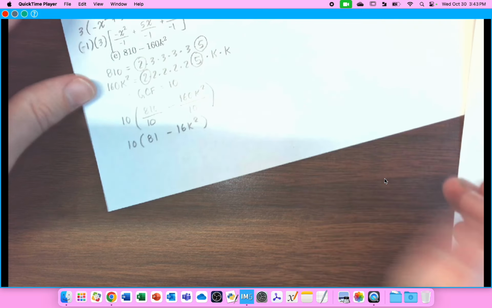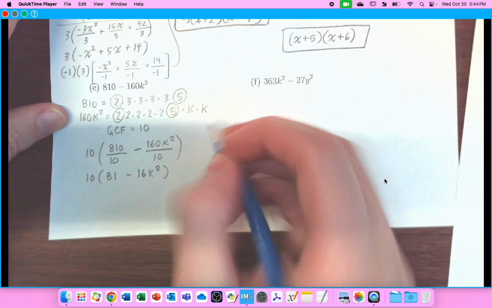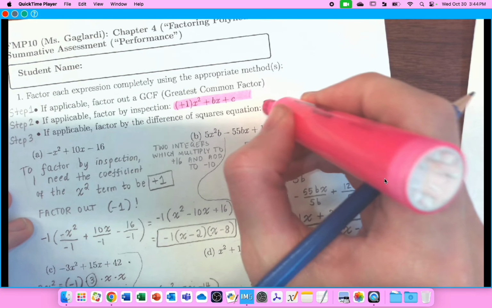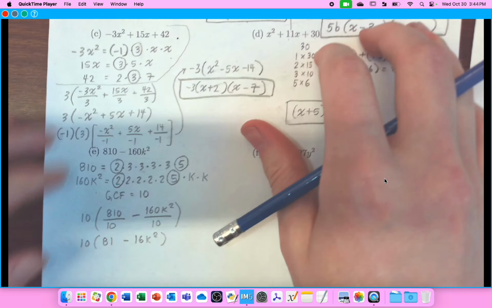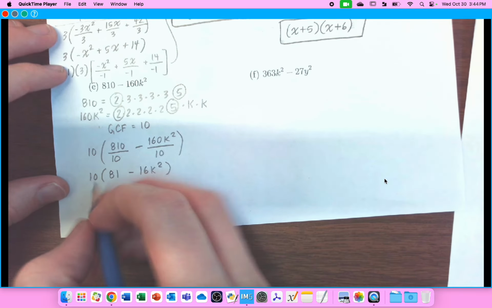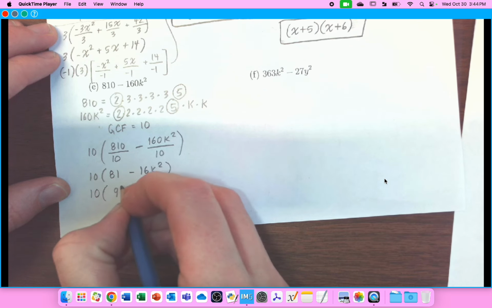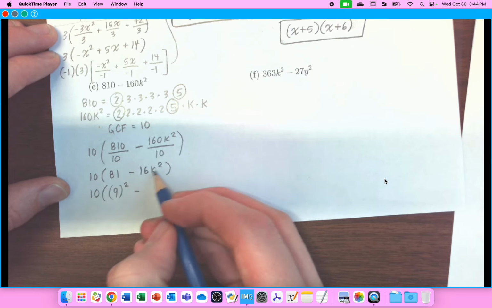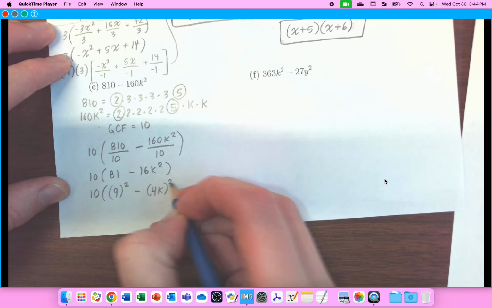And remember, the whole point with difference of squares is I want to have something squared minus something squared. That's great because I can actually already tell 81 is 9 squared minus 16k squared is 4k squared.